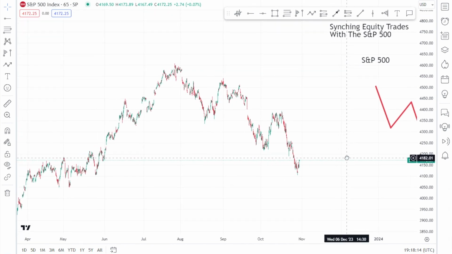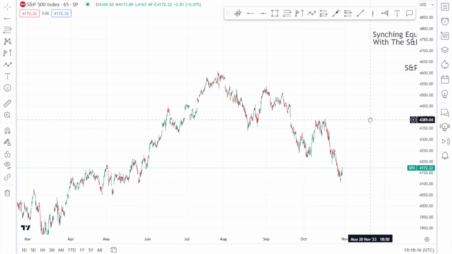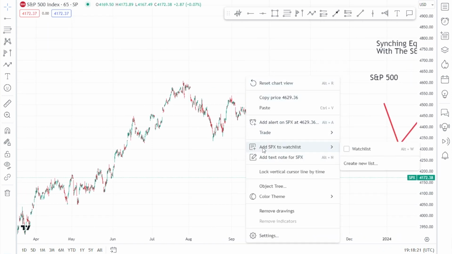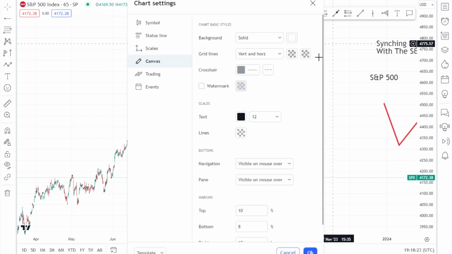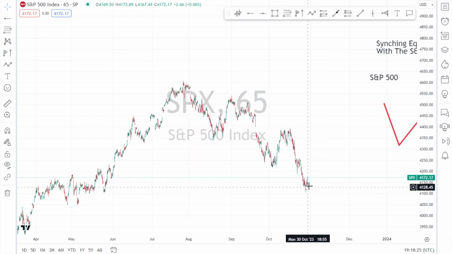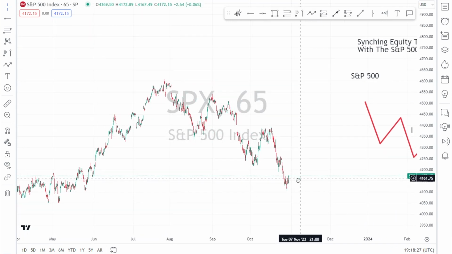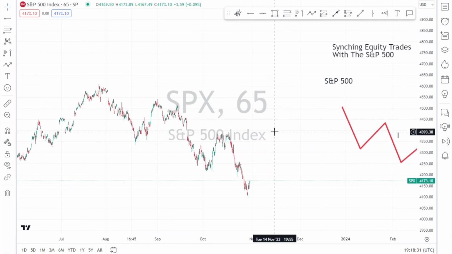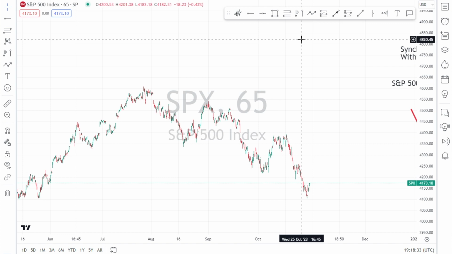Now, when you look at the market right now, and here's the SPX, and let me put the watermark back up here. Okay, so here's the 1 hour chart in the SPX. Again, equity indexes, I like to use 65 minutes. So we'll do an hourly chart here.